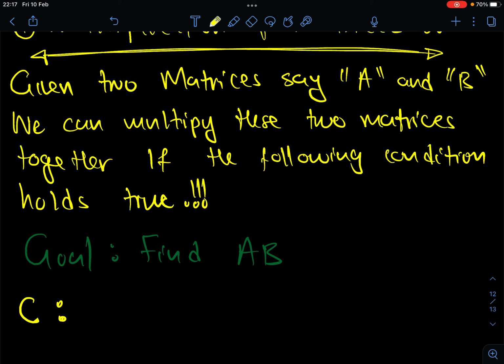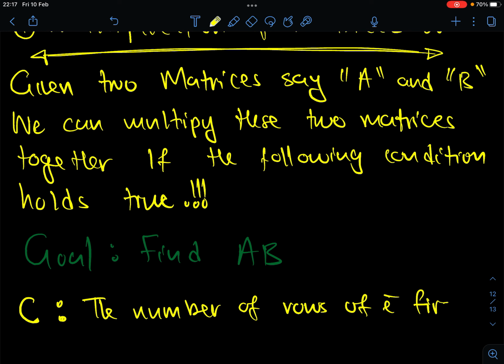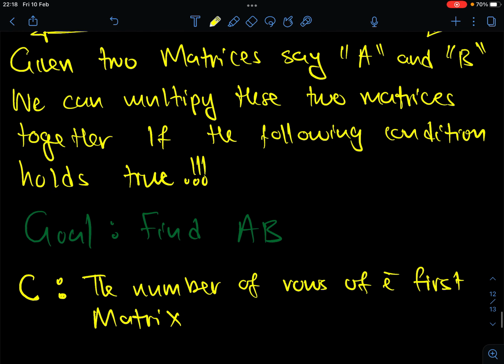So the condition is that the number of rows of the first matrix. Every time you want to multiply two matrices, first you must check if that multiplication is valid in the first place.